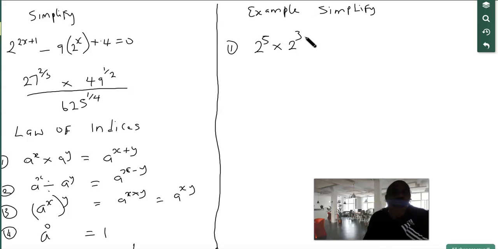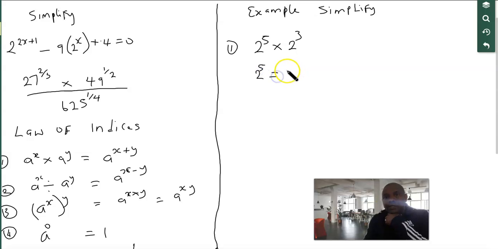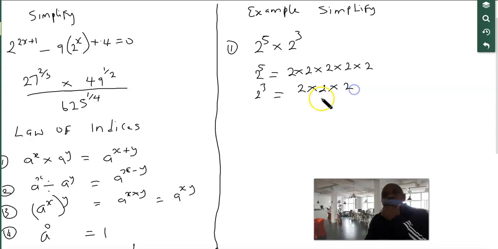Basically, 2 raised to 5 is 2 times 2 times 2 times 2 times 2, and 2 raised to 3 is 2 times 2 times 2.